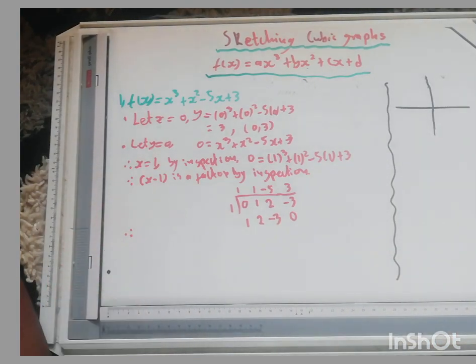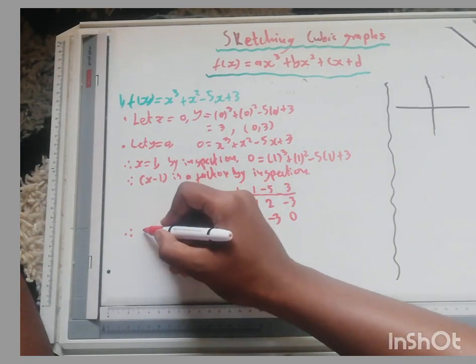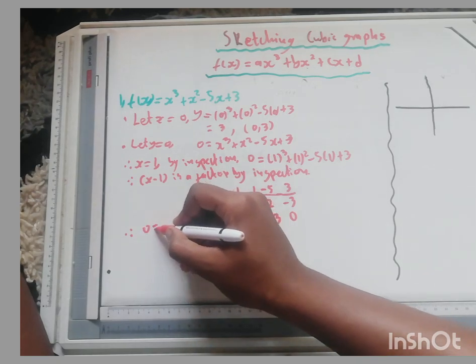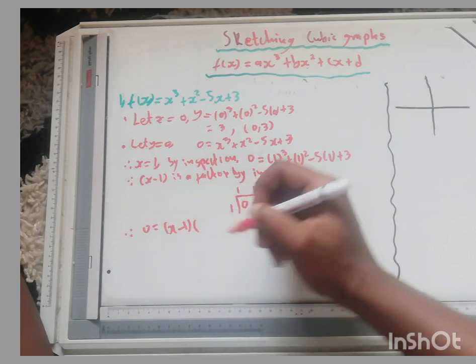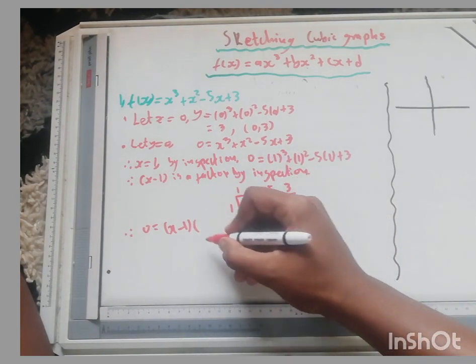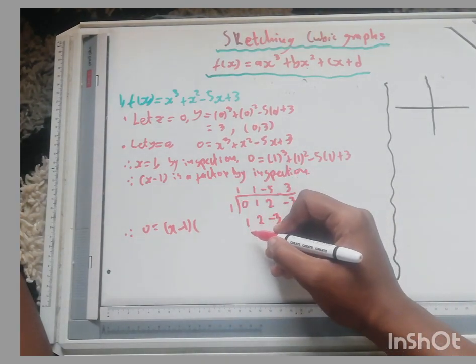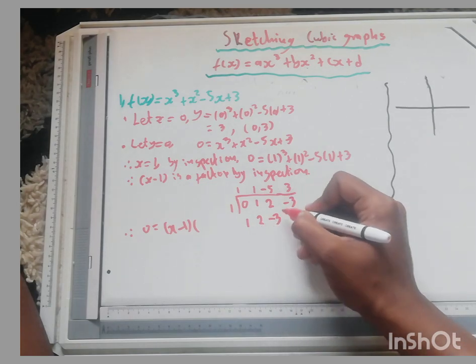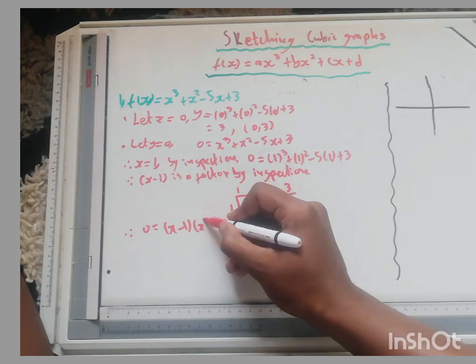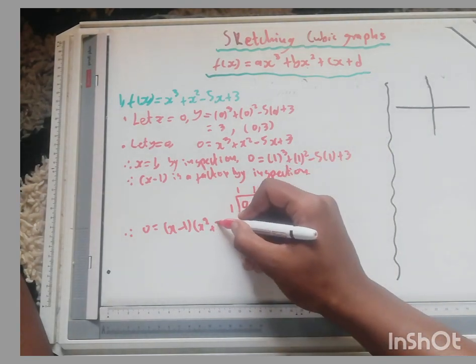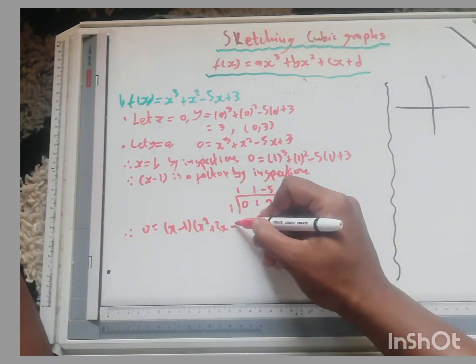It means that this expression can also be written as 0 is equal to the factor you found by inspection, and then this portion here. This one will represent your x squared, this one will represent your x, and this one will represent your constant. So you're going to have x squared plus 2x minus 3.